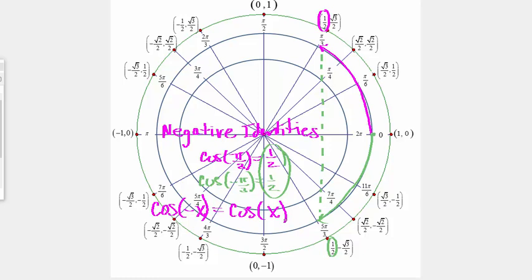So this is illustrated here by these two different colored arcs, one being the cosine of positive pi over 3, giving us a value of 1/2, and then one being the cosine of negative pi over 3, also giving us a value of 1/2. So this little equation, namely the cosine of negative x is equal to the cosine of positive x, ends up being the negative identity for cosine.